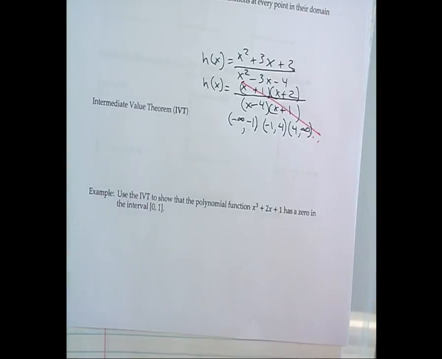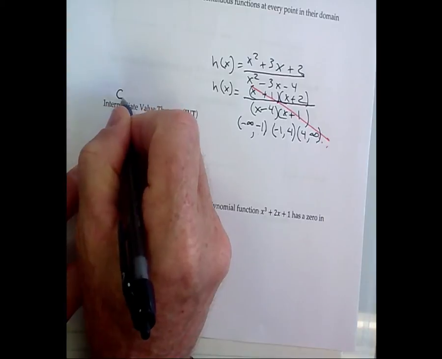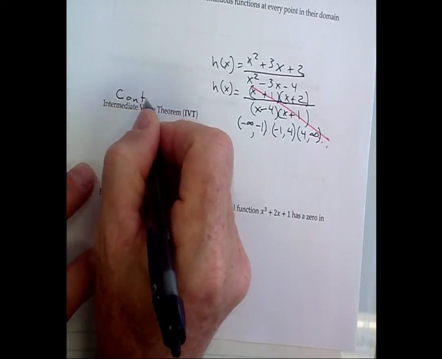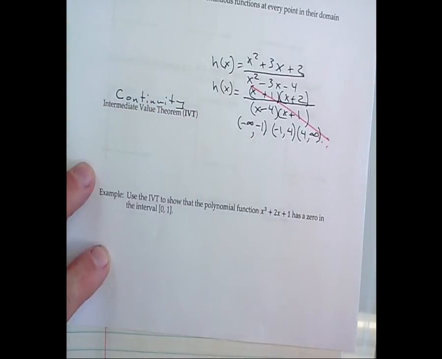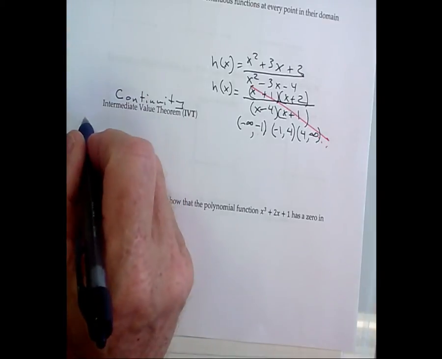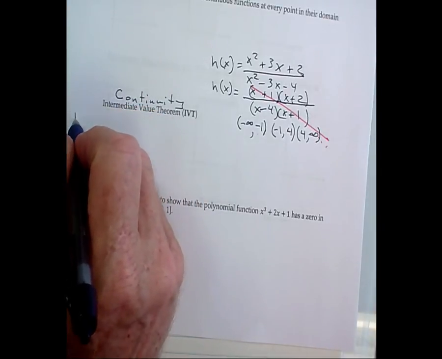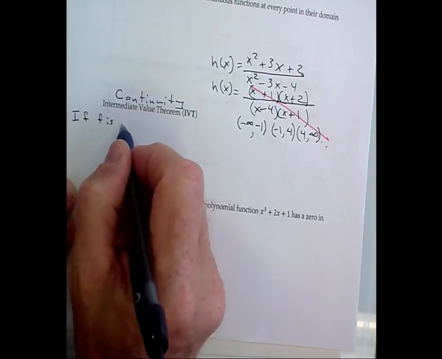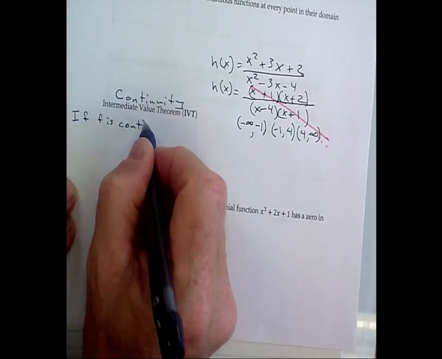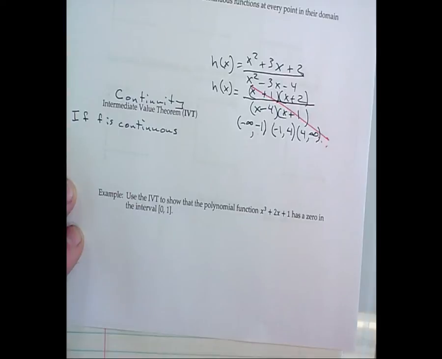So here's what the intermediate value theorem, the whole focus is on continuity. On a function being continuous. So it starts out, and I wrote down big idea, right? Big idea here. If f is continuous, that's the first thing that's stated.